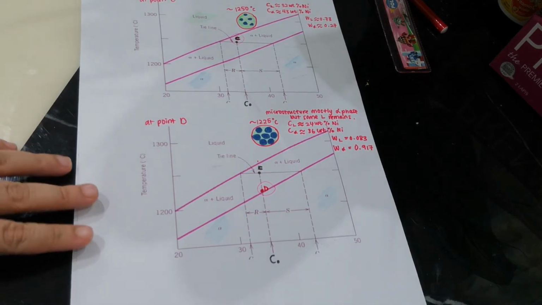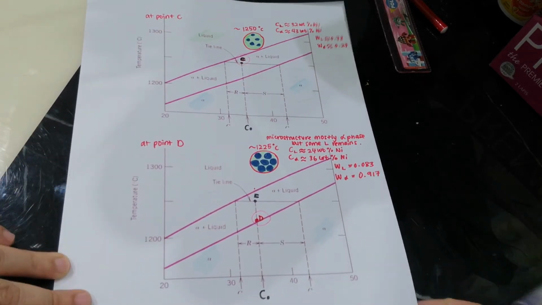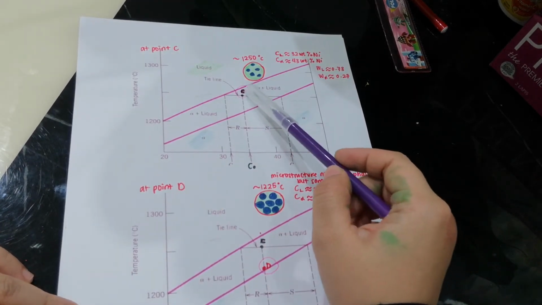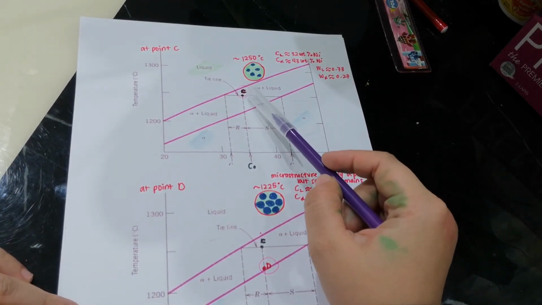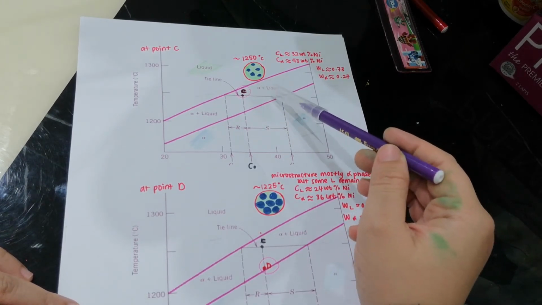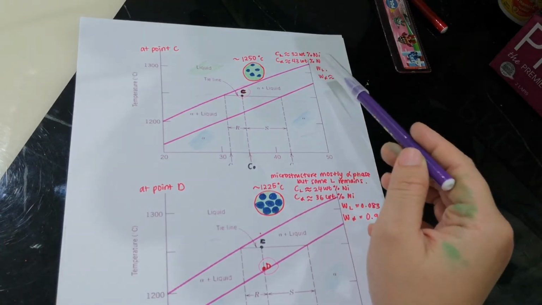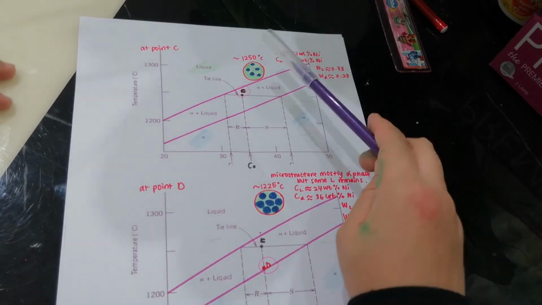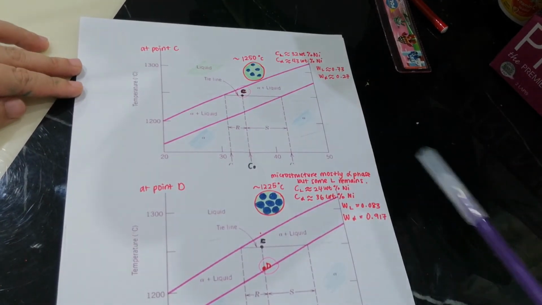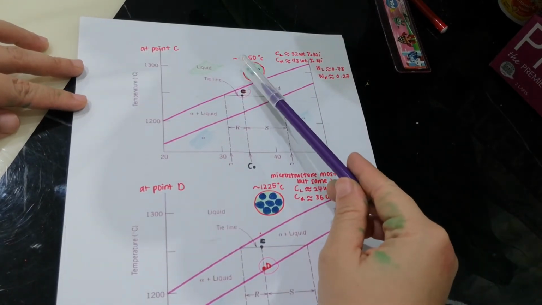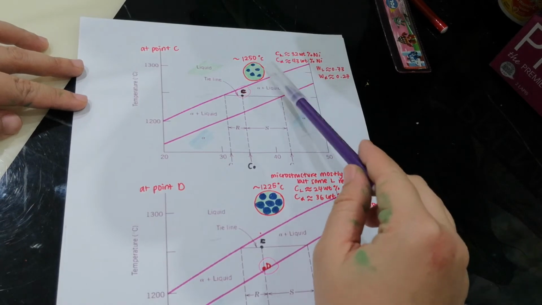Alright, point C is in the two-phase region where there exists the solid phase and also the liquid phase. The temperature here is around 1250 degrees Celsius. You can see that more alpha phase develops here.